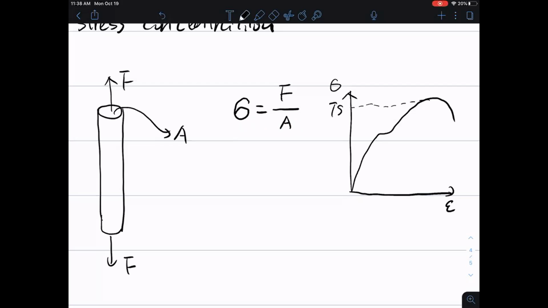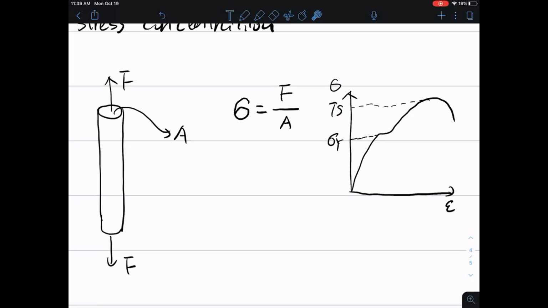That's the ultimate tensile stress. Yielding stress is probably somewhere around here. If the stress sigma we calculated is smaller than sigma y, we know we're pretty safe. Everything is just elastic deformation. And if that stress is below tensile stress, we know this material won't break. We're pretty safe.